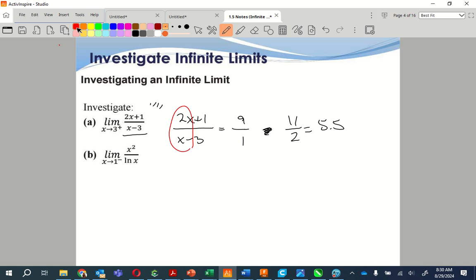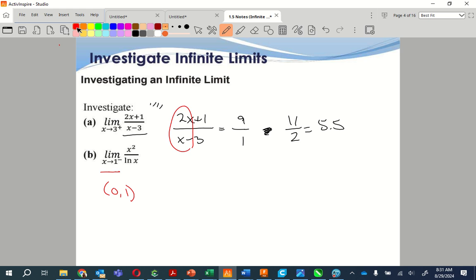In the restriction of my domain, ln has a normal restriction. So it doesn't exist at 0 or to the left. There's no negative numbers. So what this is asking for, because of this right here, I'm looking at a very small window between 0 and 1.